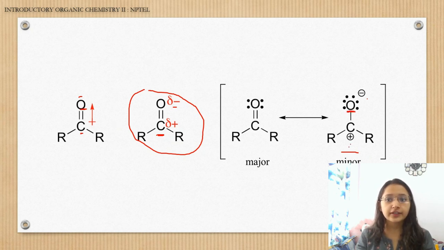So the carbon in the carbonyl bond is electrophilic in nature, while the oxygen is nucleophilic in nature, because after polarization, due to the electronegativity difference between these two elements, a partial negative charge is created on the oxygen, while a partial positive charge is on the carbon.